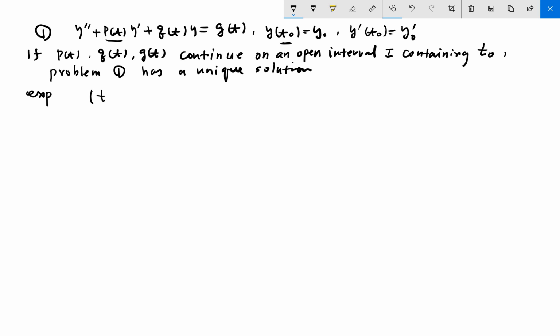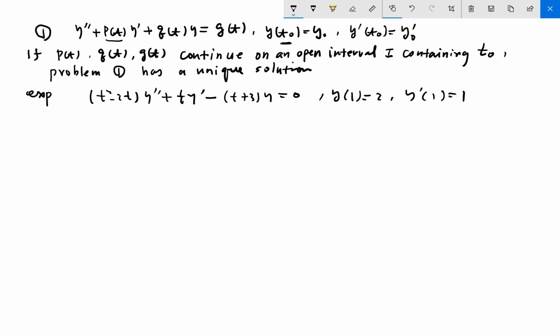Say we have (t squared minus 2t) y double prime plus t y prime minus (t plus 3) y equal to 0. And when t equal to 1, y equal to 2, and when t equal to 1, y prime equal to 1.